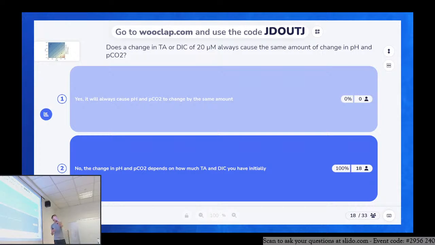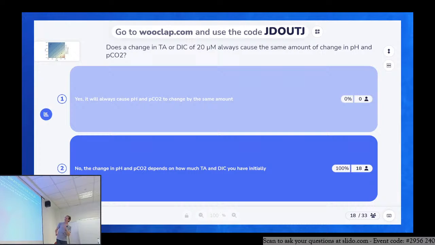But as we go forward with ocean acidification, we're adding more and more DIC, and we're not balancing that out with alkalinity. So anything that changes the DIC by a given quantity will then start having a bigger impact on the PCO2 and pH in the water. So things like photosynthesis and calcification, as we go forward into the future, we can start to expect larger variability as a result of those processes.